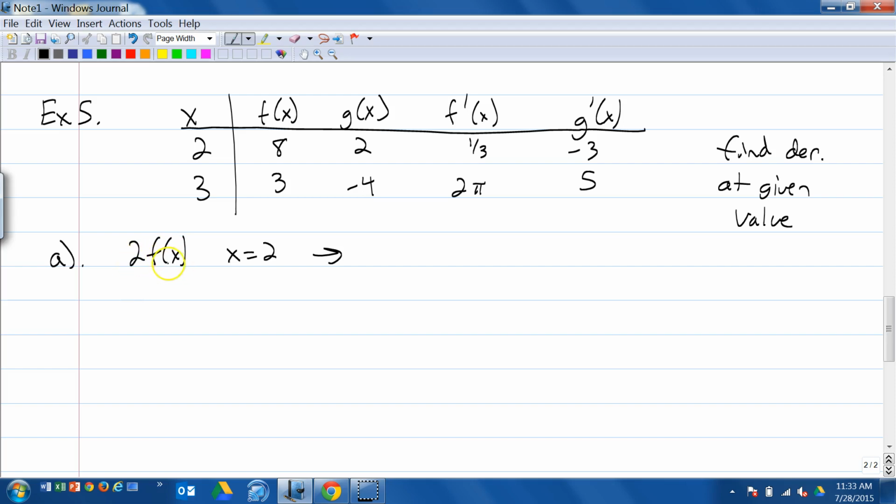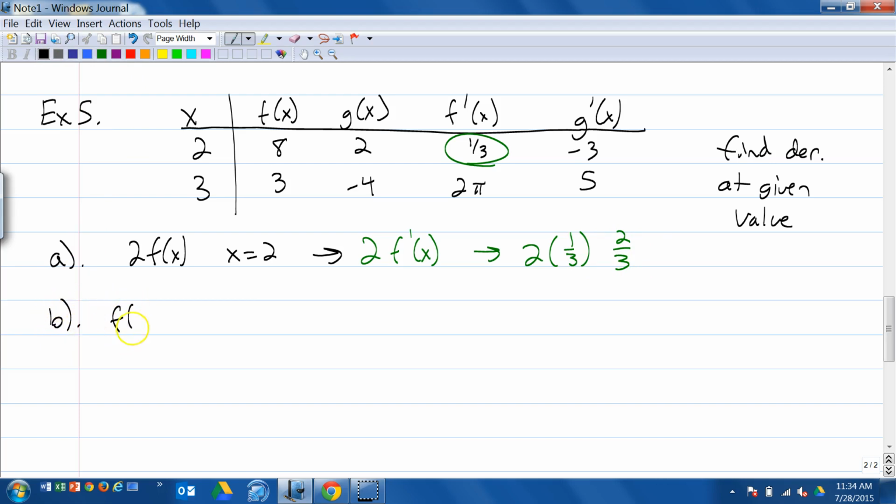When you do a constant times a derivative, it's just the constant times that derivative. You leave the constant the same, so the derivative is 2 times f prime of x. Well, I want to know when x is 2. So when x is 2, you look at your chart, what is f prime of x? It is 1/3. So f prime of 2 is 1/3, so we can just say that the derivative is 2 times 1/3, or 2/3. Okay, so that's how you use the chart.